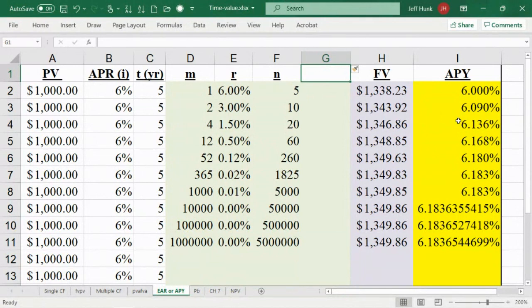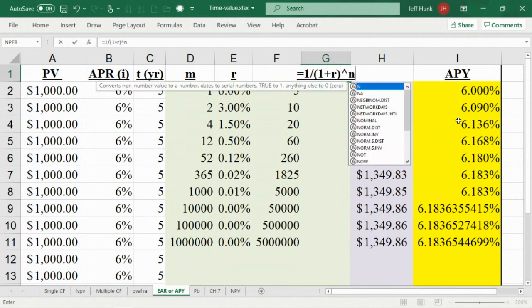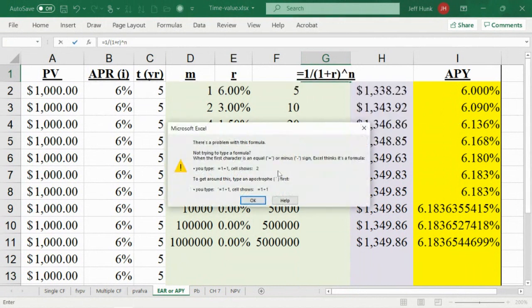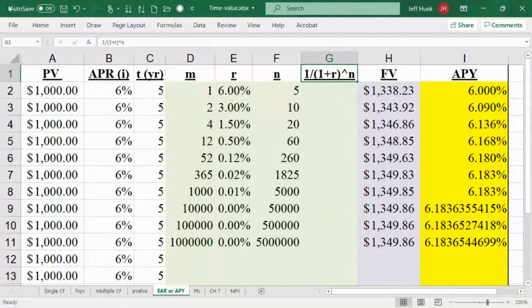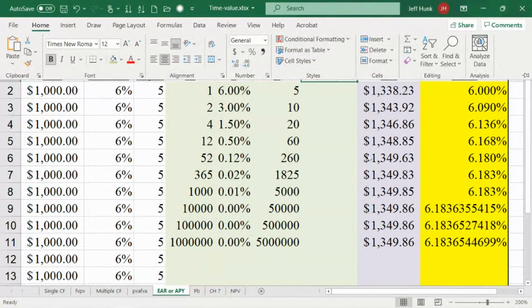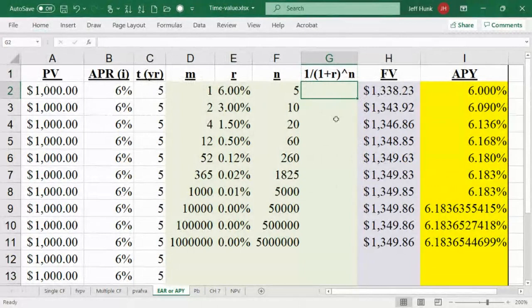Compounding factor is, this is a compounding factor, all right? And think about it.